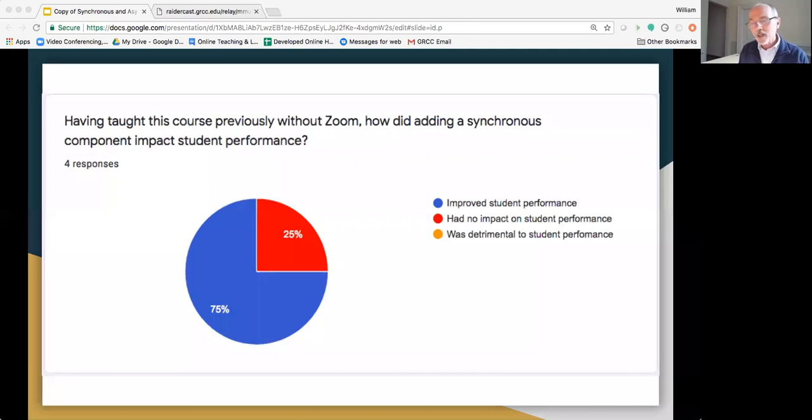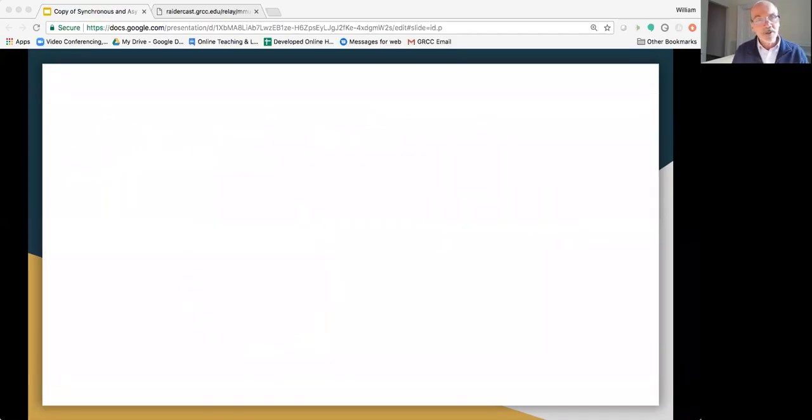So it might be possible for me to go back and look at whether it wasn't just a perception, but there was indeed improvement in student performance. And then we had one instructor who said that they didn't believe it had any impact, and no one said that it was detrimental.